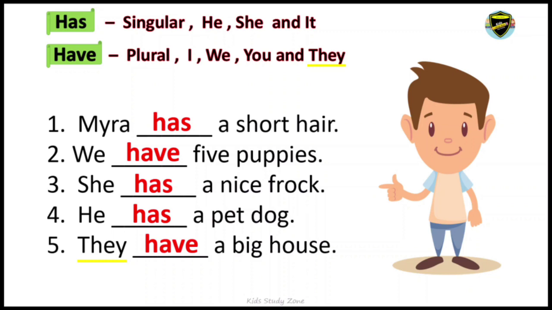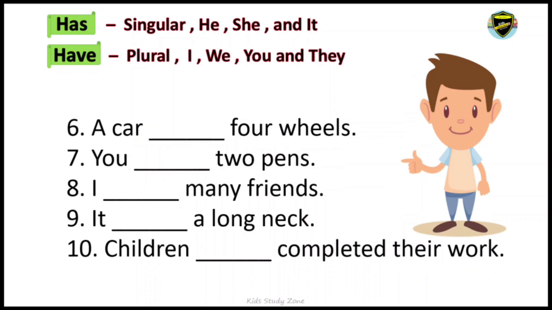Okay, now let's do some more exercises. A car dash 4 wheels. A car. We are talking about one car. This is a singular noun. Okay, singular. With singular, we will write has. A car has 4 wheels. Next one. You dash 2 pens. Okay, let's see this in the rule box.